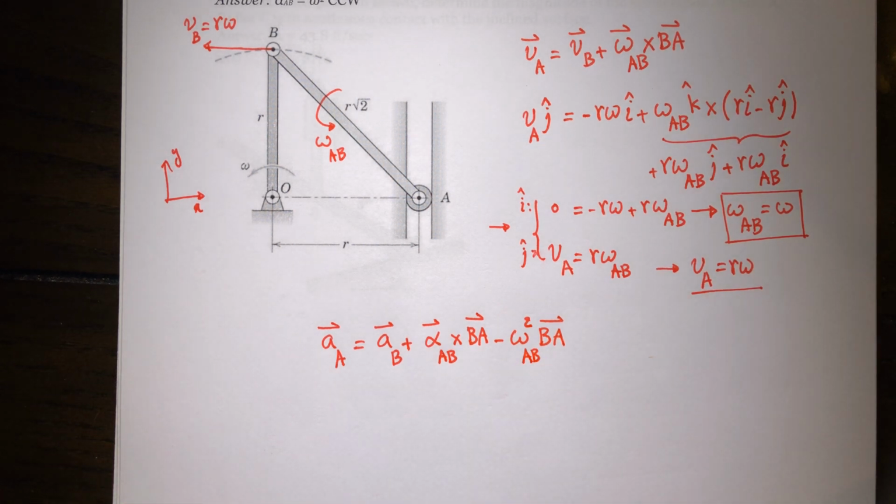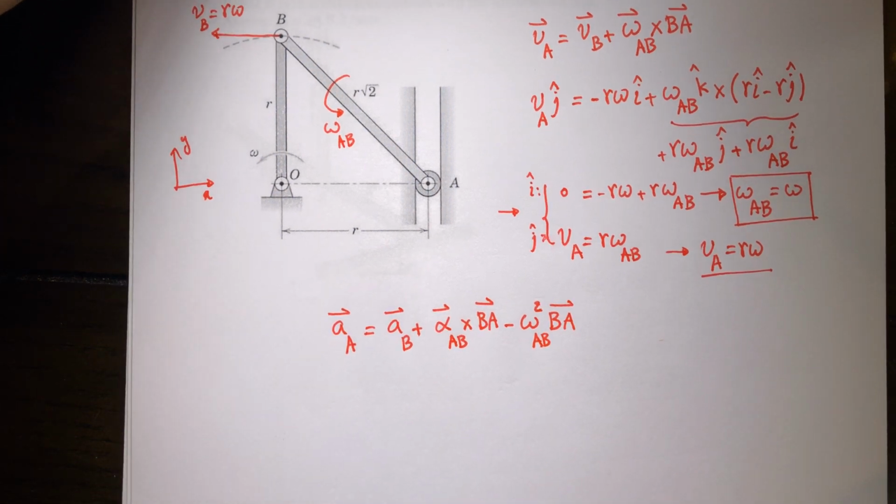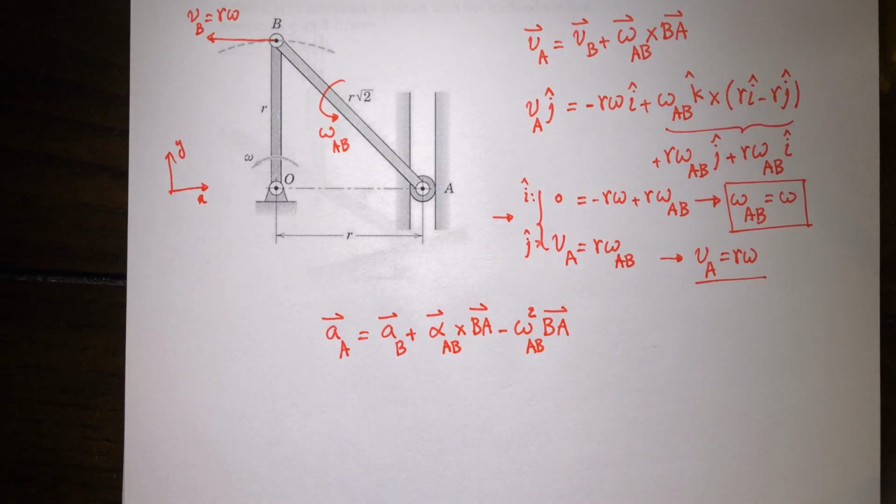Okay, because these two points are on the same rigid body, we should be able to use this equation. Now look at this equation, and let's count how many unknowns we have here.